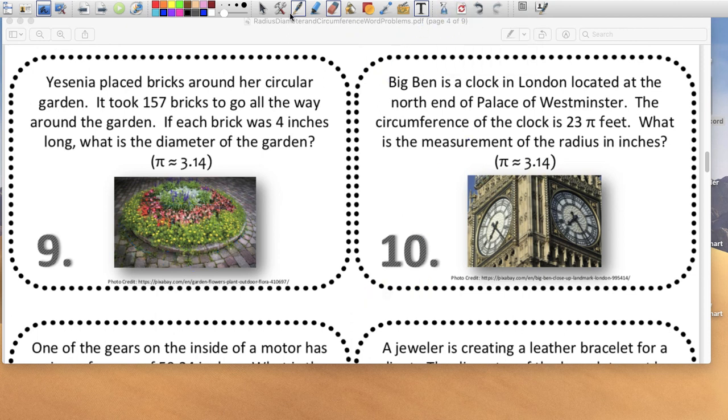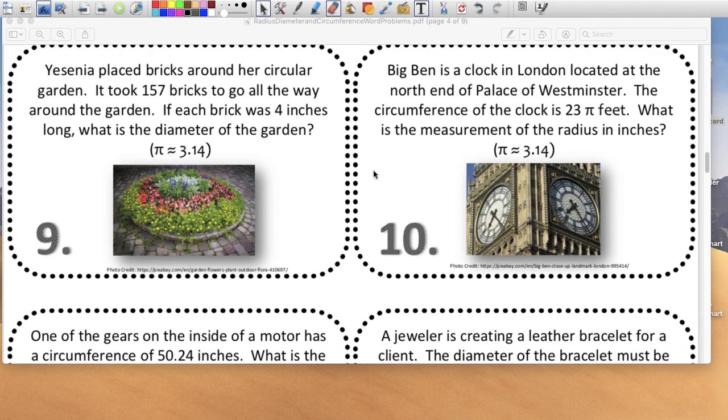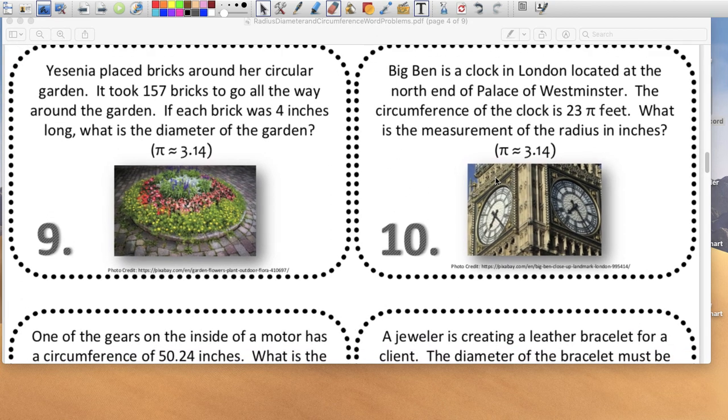Okay, Big Ben is a clock in London. The circumference of the clock is 23 pi. What is the measurement of the radius? So here's your clock. The circumference to go around this clock is 23 pi. It's a big clock. So what is the radius right here? C equals pi d.